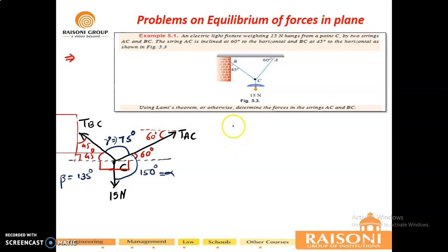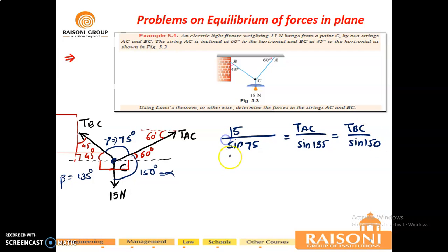According to Lami's theorem, you can apply it here because there are only three forces which are concurrent and coplanar. So you can use Lami's theorem: the force divided by the sine of the angle between the other two forces, that is 15 upon sine 75, equals TAC upon sine 135, equals TBC upon sine 150.